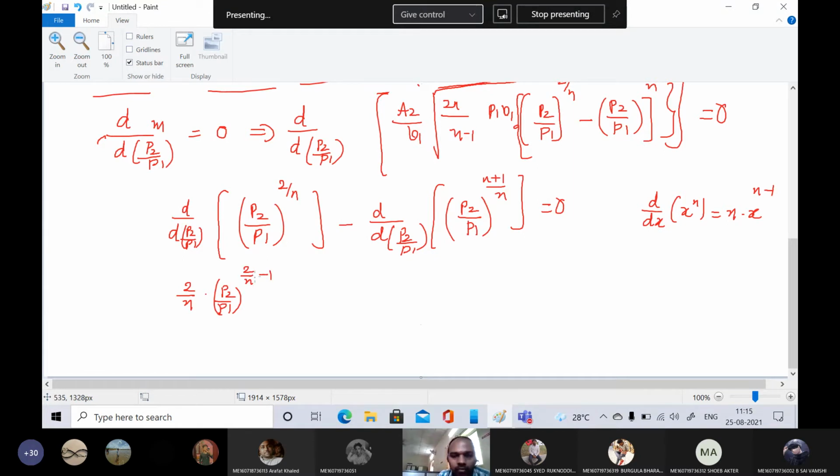I can take it to the right side, and it will become equal; I will put it 0. Positive sign will come if I send it to the right side, and n plus 1 by n into (P2 by P1) whole power n plus 1 by n minus 1. So now simplify.